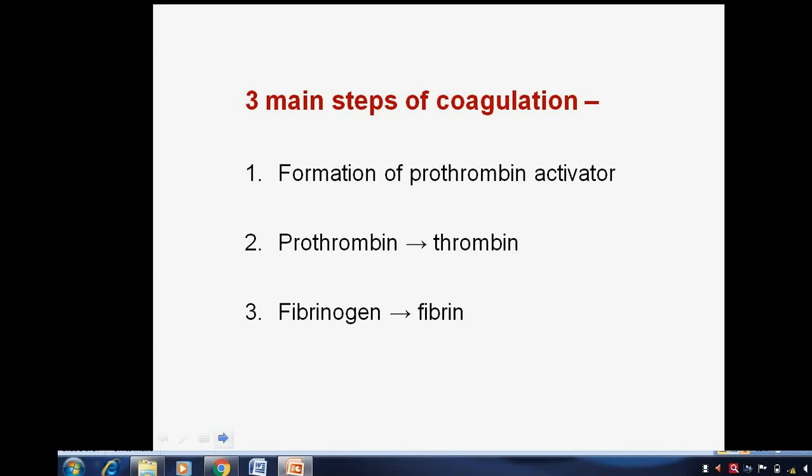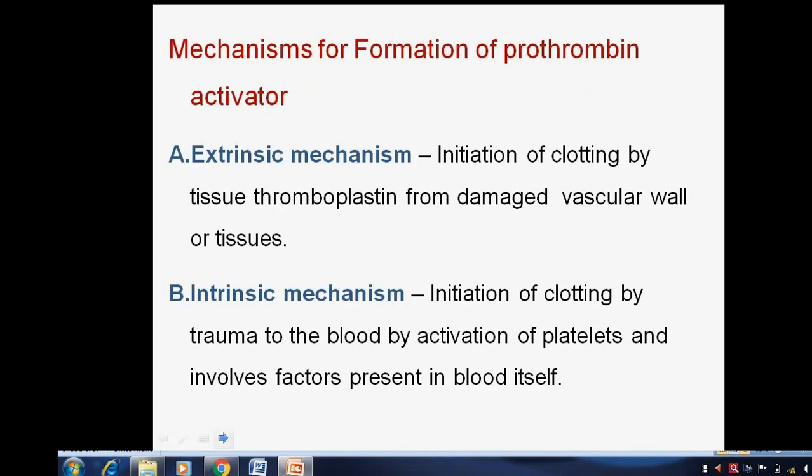For formation of prothrombin activator, there are two mechanisms, extrinsic and intrinsic. The extrinsic mechanism is initiation of clotting by tissue thromboplastin from damaged vascular wall of tissues, while the intrinsic mechanism is initiation of clotting by trauma to the blood, by activation of platelets, and involves factors present in blood itself.